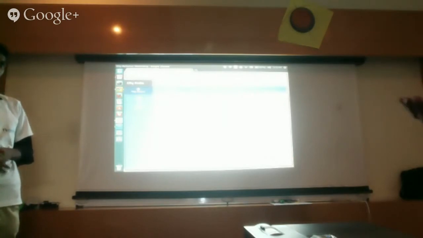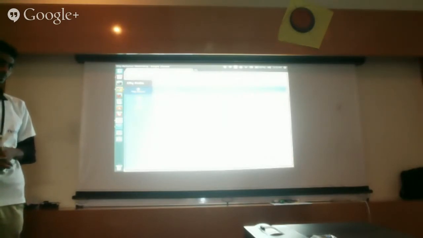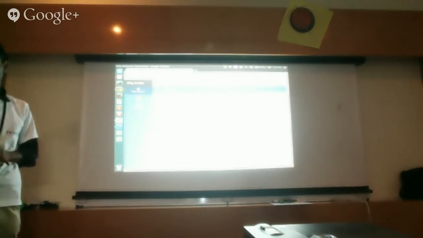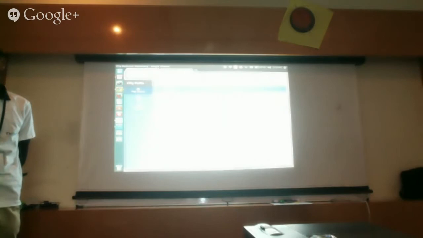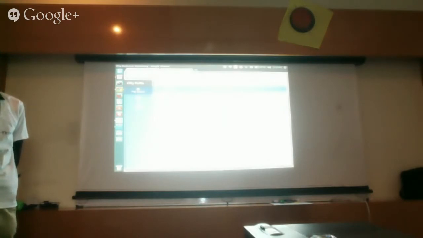Like in Madhapur, pollution will be very low at 2 o'clock in the afternoon. But it will be very high at 6 o'clock in the evening because all the offices are released at a time and all the people will be on the road. So the pollution will be very high.